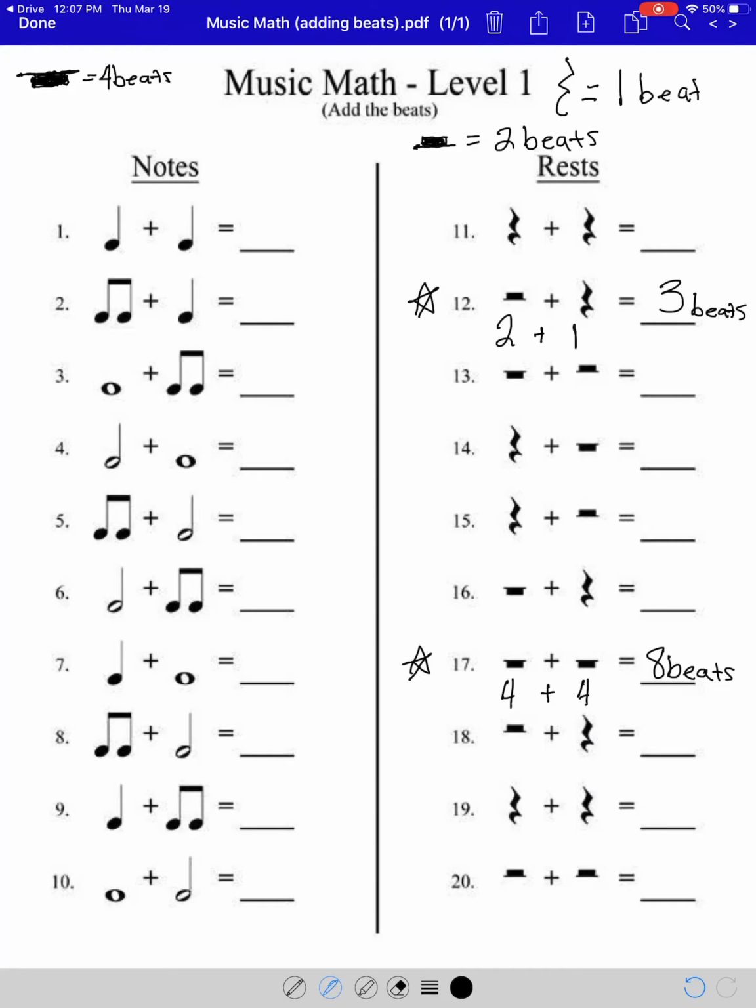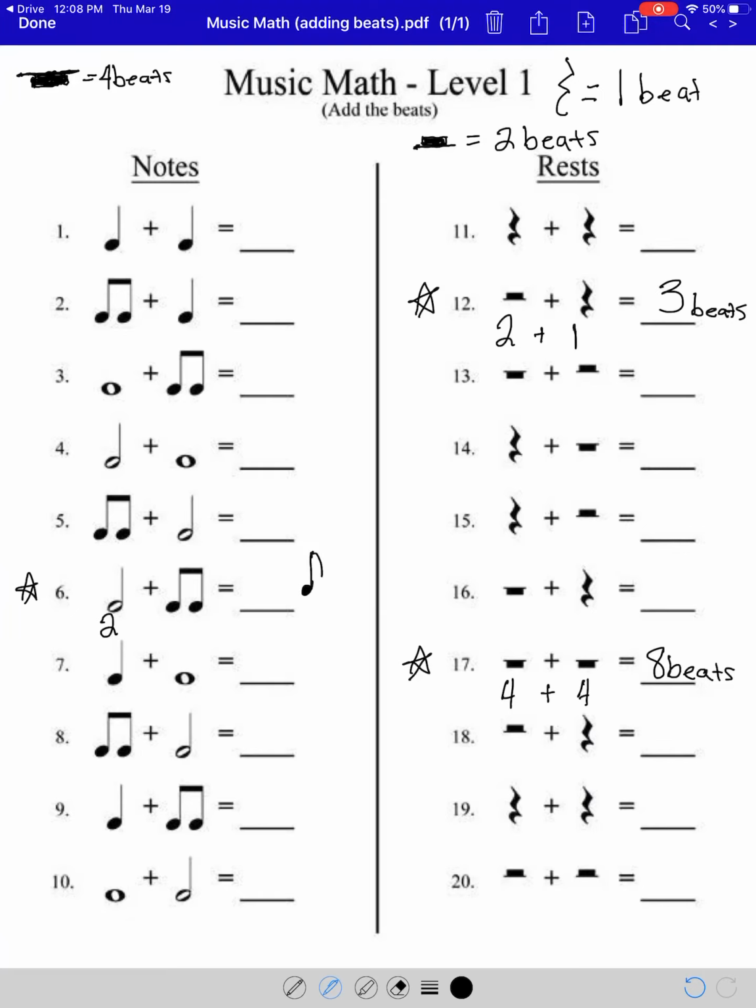Just because I like you guys, I will give you help on one of the notes. Let's do one at random. I like this one, number 6. From the last page, I know that a half note, which is this first thing here, gets 2 beats. And here's what's strange. Before, our eighth notes were drawn like this, right?